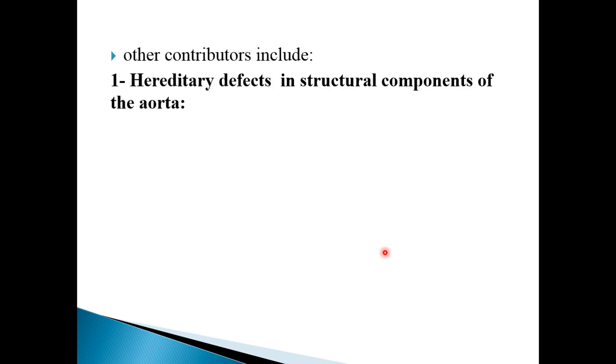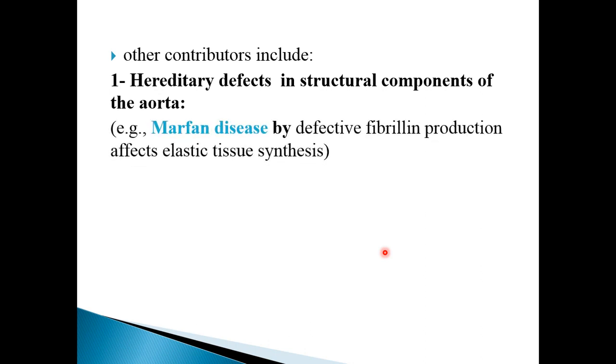Other contributors include hereditary defects in structural components of the aorta, as we said before. Marfan disease: in Marfan disease, there's a hereditary defect in fibrillin, which is a protein that is very essential for elastic tissue synthesis and maintenance.